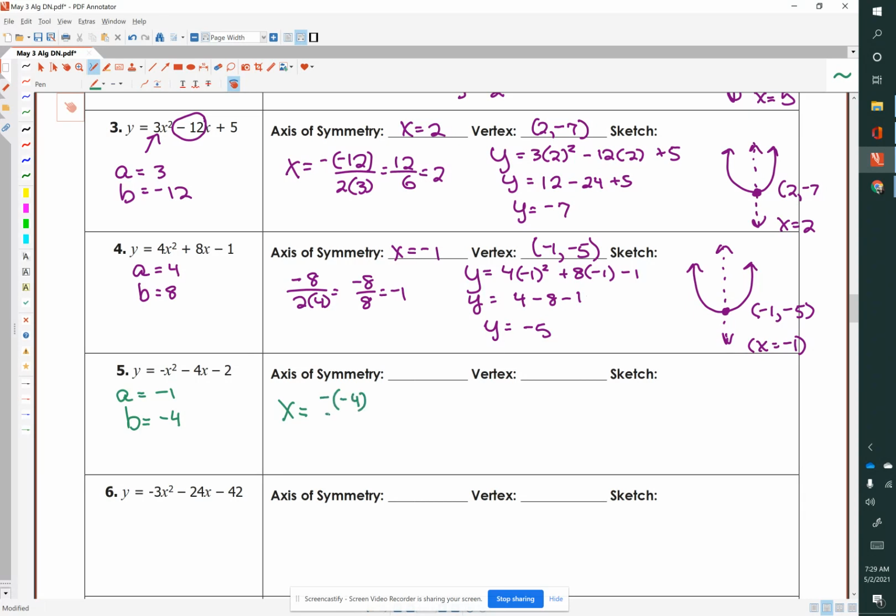Negative times negative 4 over 2 times negative 1, which equals 4 over negative 2. Because a negative times a negative is a positive, that would equal negative 2. So the axis of symmetry, x equals negative 2. Let's find the vertex. Be careful with the negative sign.